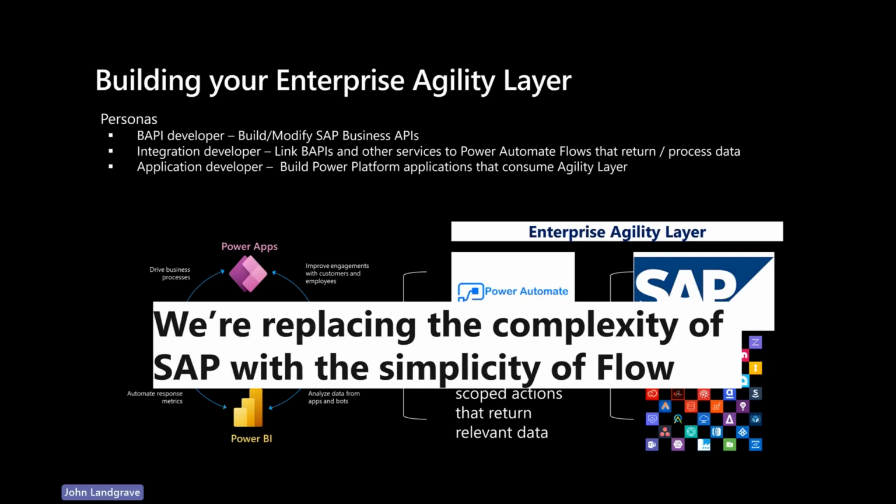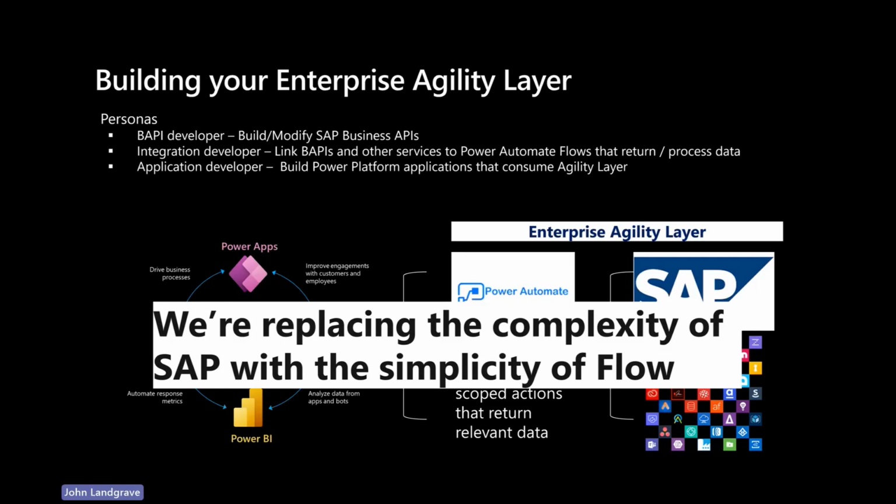And so you're going to be maintaining an API layer that's primarily going to be your BAPI and integration folks, and then a UI layer in a separate solution that is primarily maintained by your application developers and your integration developer, to the extent that they need to tweak the return values or formats to make them more consumable.